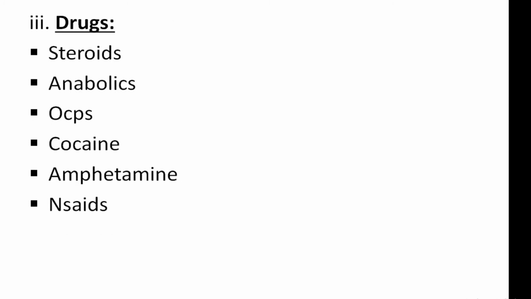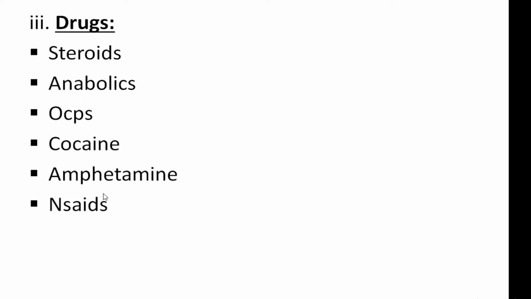Next thing that causes secondary hypertension is drugs. There are certain drugs that cause secondary hypertension, such as steroids, anabolics, OCPs, cocaine, amphetamines, and NSAIDs. Point to note is that long-term use of NSAIDs causes secondary hypertension. Why?